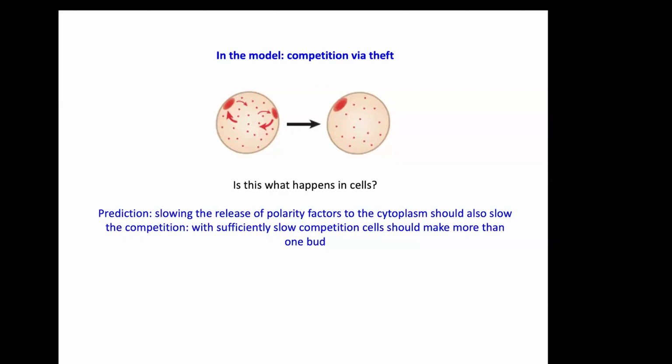Okay. So at least imaging is consistent with this idea that competition is happening due to a shared cytoplasmic pool being accessible to both spots. To ask if that's really what's happening in the cells, we did an experiment where we tried to change one of the parameters in the model.